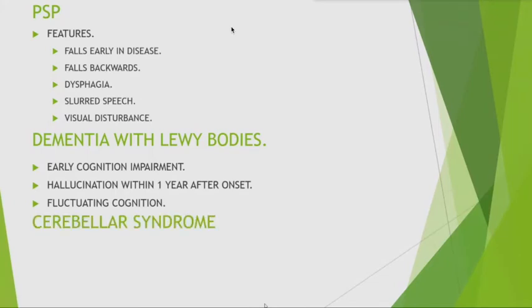Then come the cerebellar syndromes. How do you differentiate? What are cerebellar signs? Intention tremor, past-pointing, cerebellar ataxia, dysdiadochokinesia, rebound phenomenon.